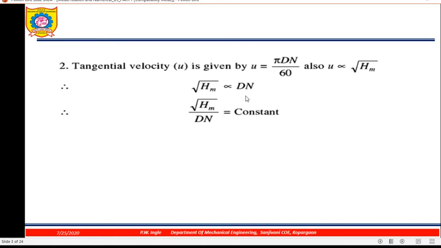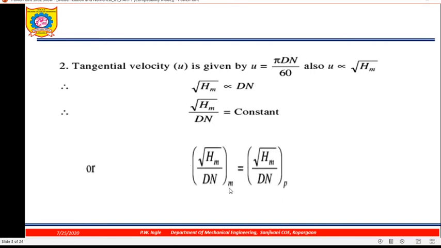Now these equations and correlations we already discussed while finding the equation for specific speed. Therefore, under root H_m is proportional to DN, so under root H_m by DN equal to constant. We can write this equation for model and equate it with the prototype: under root H_m by DN of model equal to under root H_m by DN of prototype.